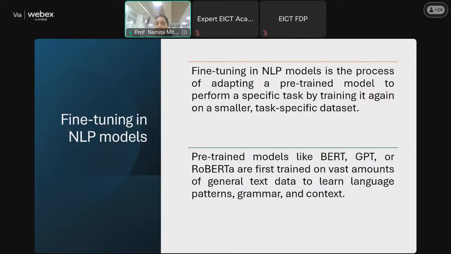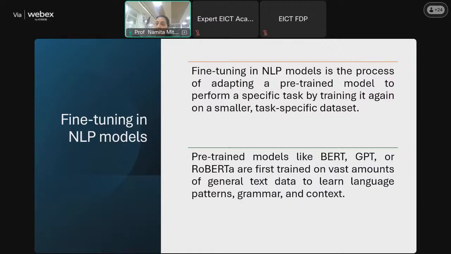That is the beauty of fine-tuning. If anything is readily available to us, we can use it and tune it according to our need. We should have the dataset. If it is supervised learning, we should have labeled data. Pre-trained models like BERT, GPT, and RoBERTa are first trained on a vast amount of general text data to learn language patterns, grammar, and context.